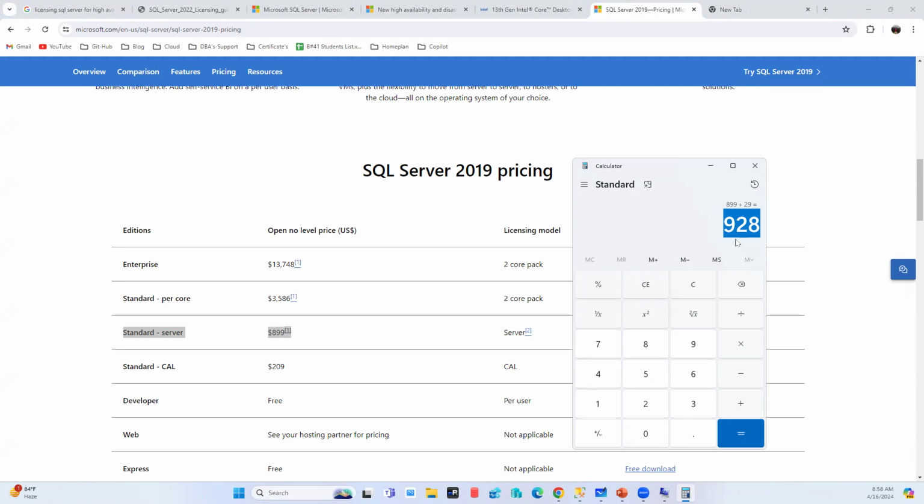For example, if two clients want to access, then add 209 one more. So however many clients want to access that machine, you need to pay that much.